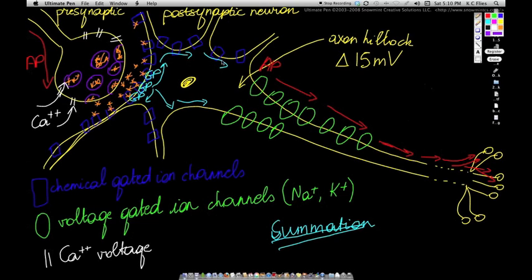As these graded potentials spread in the form of what we sometimes call a local current, they could potentially make it all the way to the axon hillock.